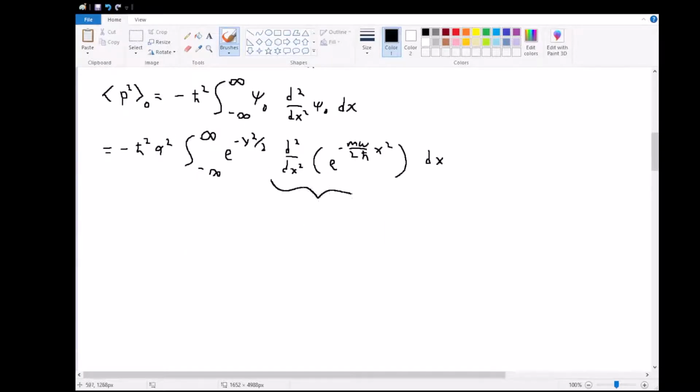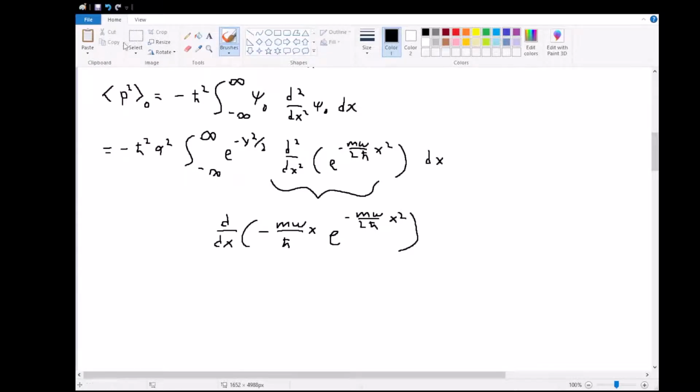So this term is going to come out to equal d by dx of, let's see, d by dx of negative m omega over h bar times x multiplied by e to the negative m omega over 2 h bar x squared.